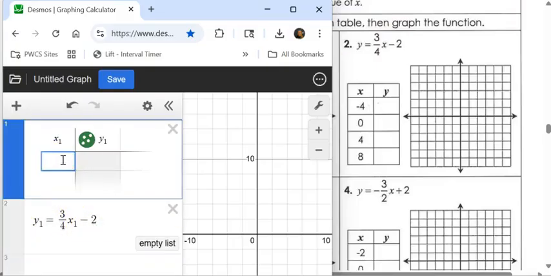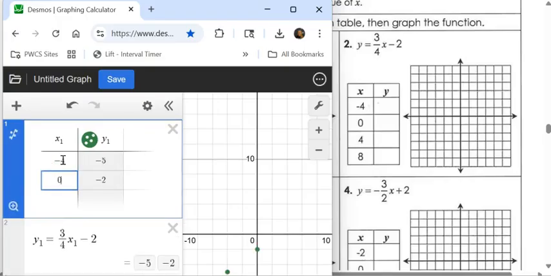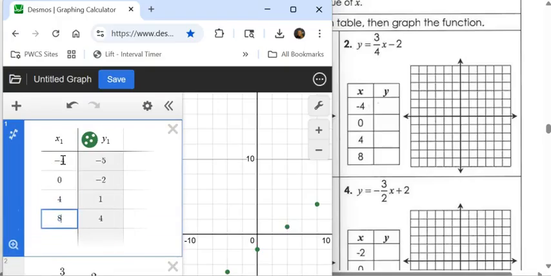Then in my x1 column in my table, I can put in the numbers that are given to me. So I can put -4, 0, 4, and 8, and then Desmos will give me the y values. It's a little bit faster than me trying to multiply fractions in my head or do each individual piece of math.